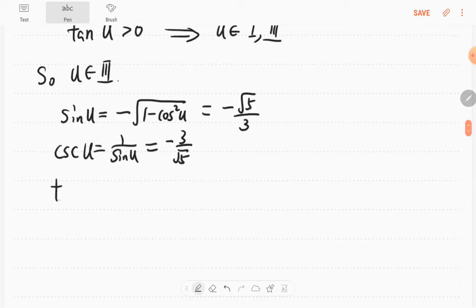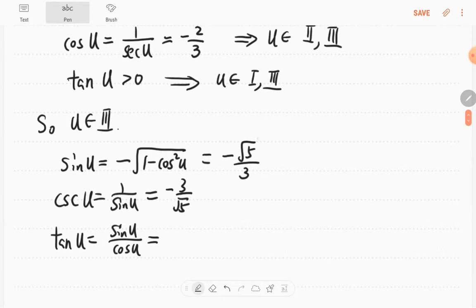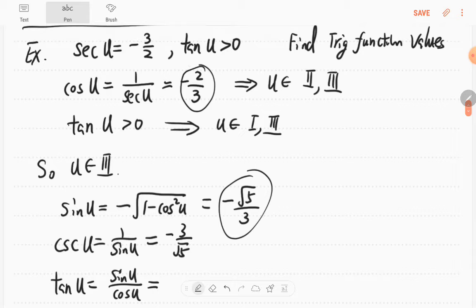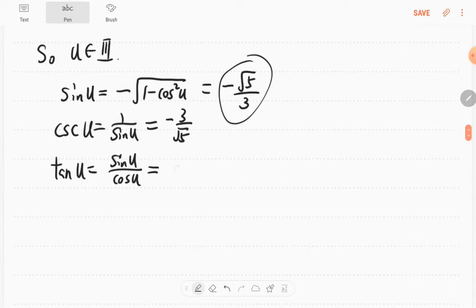Tangent u is equal to sine u over cosine u, so this number over this number equals square root 5 over 2. And we also have the cotangent of u, which is 1 over tangent u. Of course, you can use cosine over sine, it doesn't matter. So it's 2/5. So we find the values of the trig functions for this angle u.